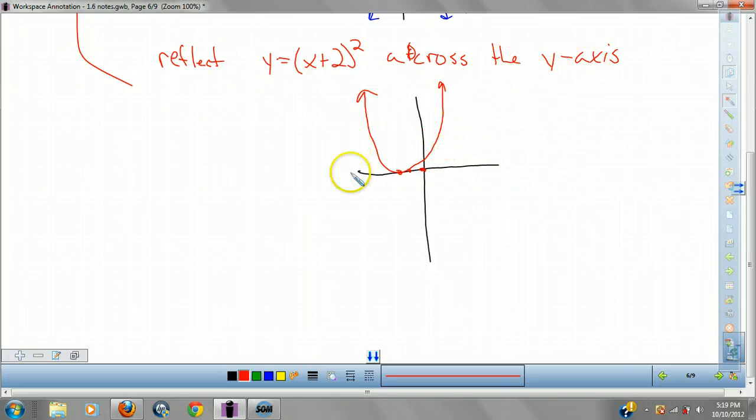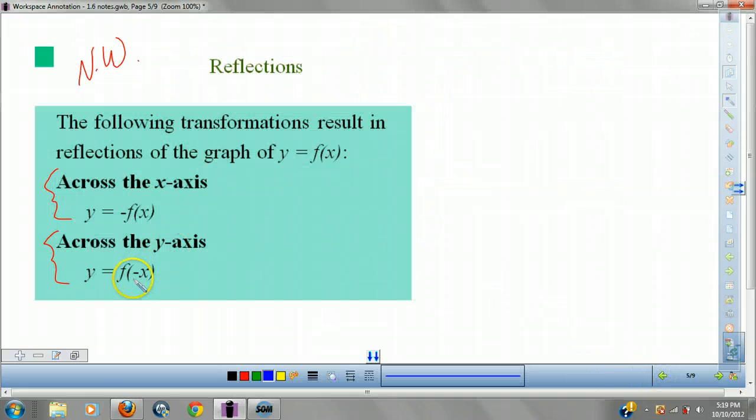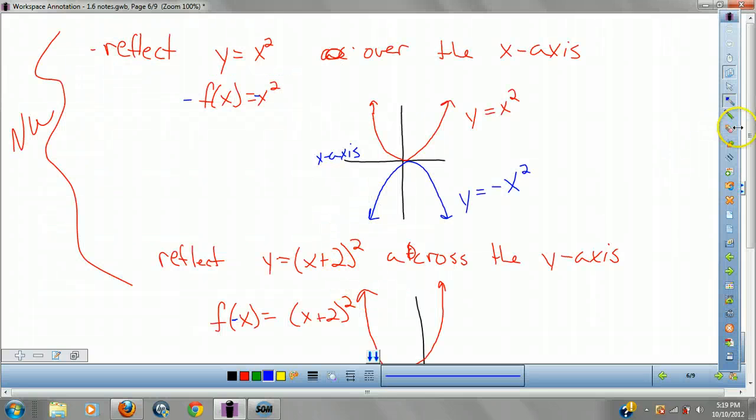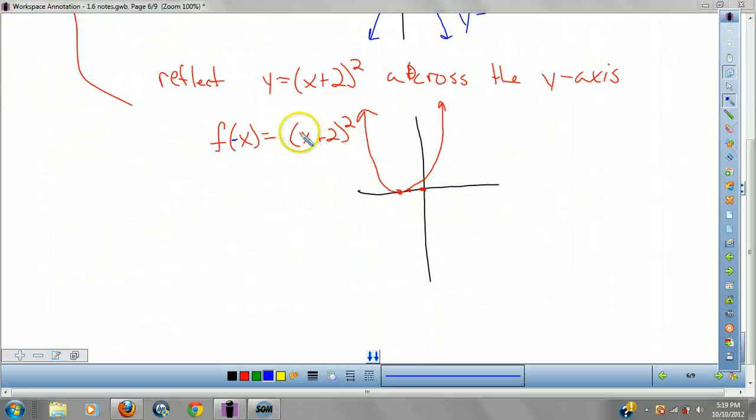Now I'm moving across the y-axis, so that means I'm going to have to take my f of x and add a negative where my x is. So wherever I see an x, I'm going to add a negative, right?